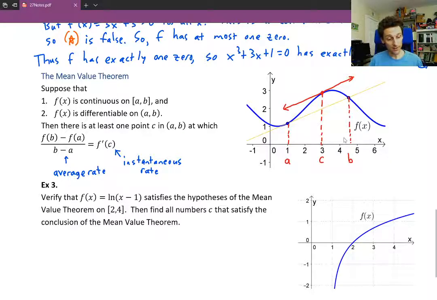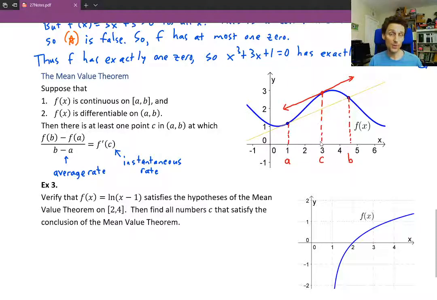Now, what the mean value theorem says is that somewhere on your trip, you had to have been going your average speed. Let's say your average speed was 60 miles per hour. Well, the mean value theorem would say, at some point along that trip, from t equals a to t equals b, at some time c, you had to be going exactly 60 miles per hour. There's just no way around that happening.